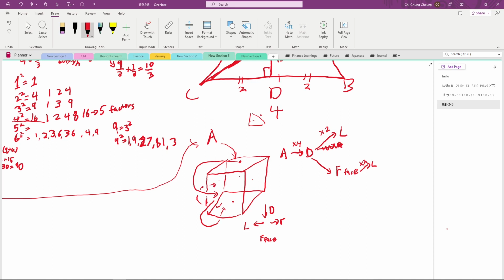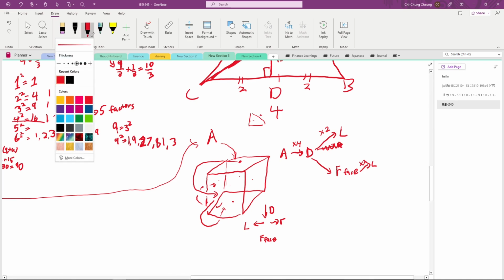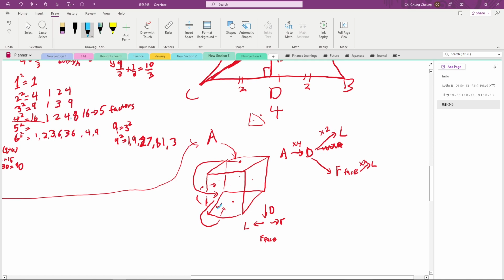So I'll just color it here. And then once you do that, you only have one choice. You have to go here and then here. So once you do that, you have one choice.